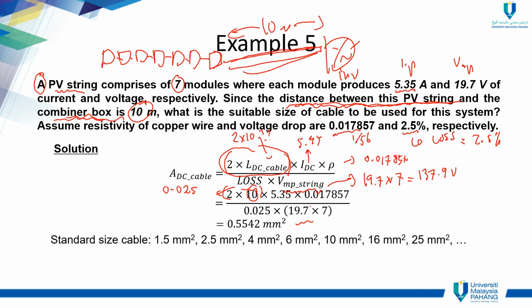Maksudnya kita pakailah kabel. So kalau daripada sini kita ada 1.5, 2.5, 4, 6, 10 and so on. So which one is the most suitable size cable to be used? Itu adalah soalan dia lah. What is the suitable size of cable to be used for the system?